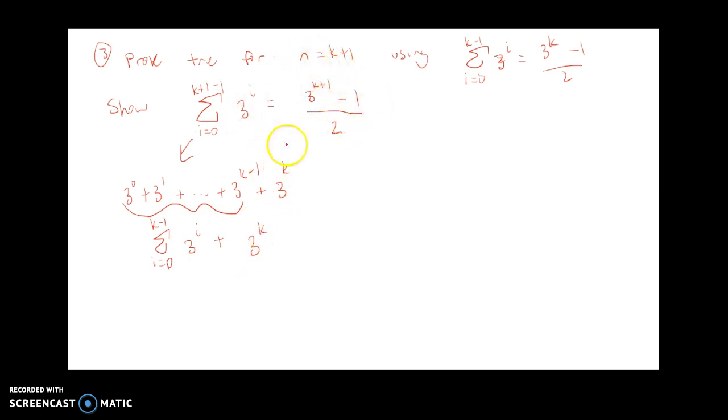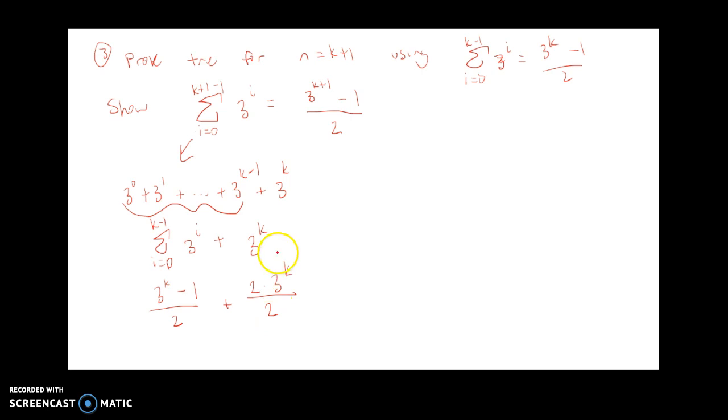Alright, so I want to show that this is going to end up equaling that right there, but I've got to get rid of the summation sign, and I know that that summation is equal to 3 raised to the k minus 1 over 2. So because I know that I want my final answer to be in this form, what I'm going to do here is write this as plus 2 times 3 to the k over 2. Alright, so far so good.